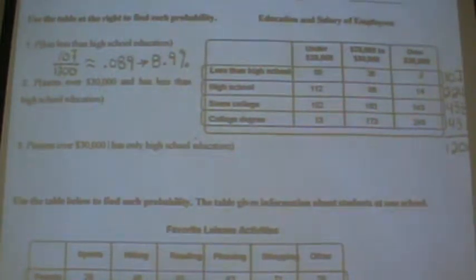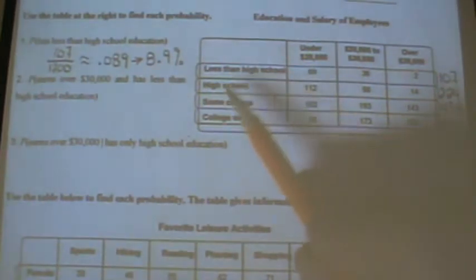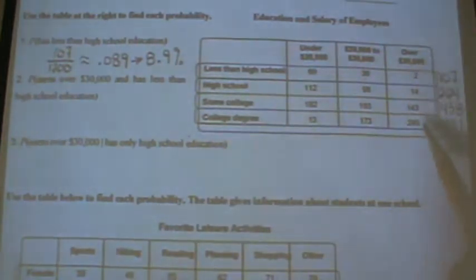Number 2 wants us to find the probability that someone earns over $30,000 and has less than a high school education. So, looking at our table, earns over $30,000 is our last column, and we want to know when they also have less than a high school education.